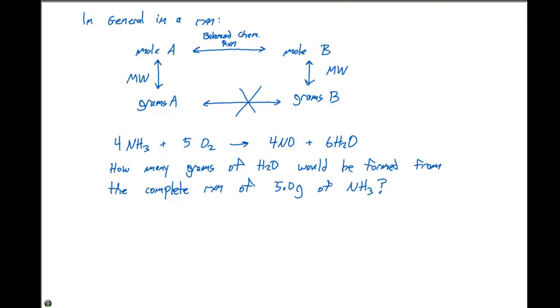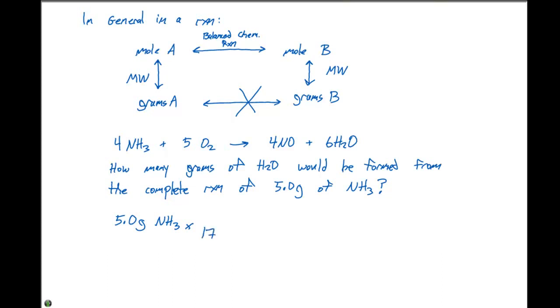So here we're going to take grams of NH3, convert to moles of NH3, moles of NH3 to moles of H2O, then moles of H2O to grams of H2O. So we'll start with our given quantity, which is 5.0 grams of NH3.